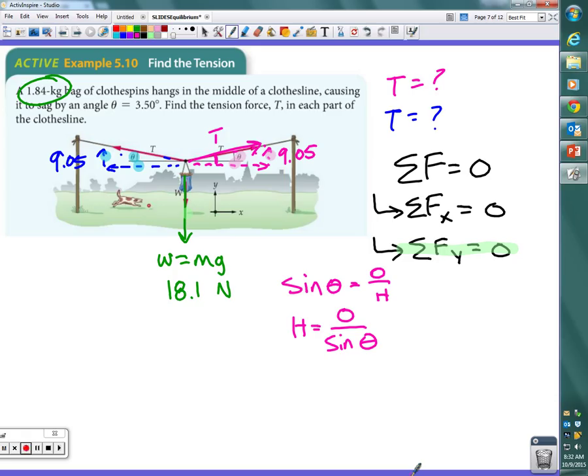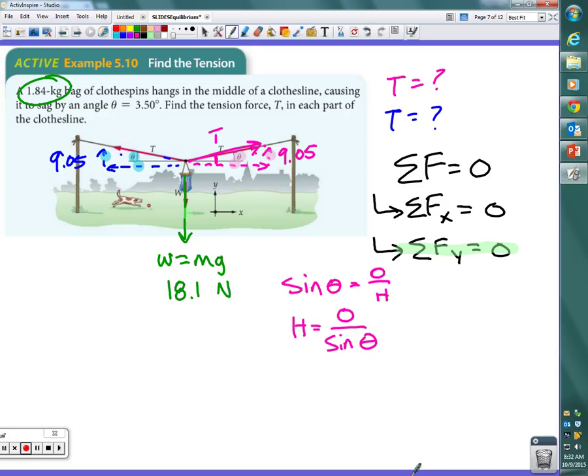Make sure you're in degrees. Our answer should be much larger than 9.05, right? Considering the kind of triangle we have set up. Anybody running through? 57.3?